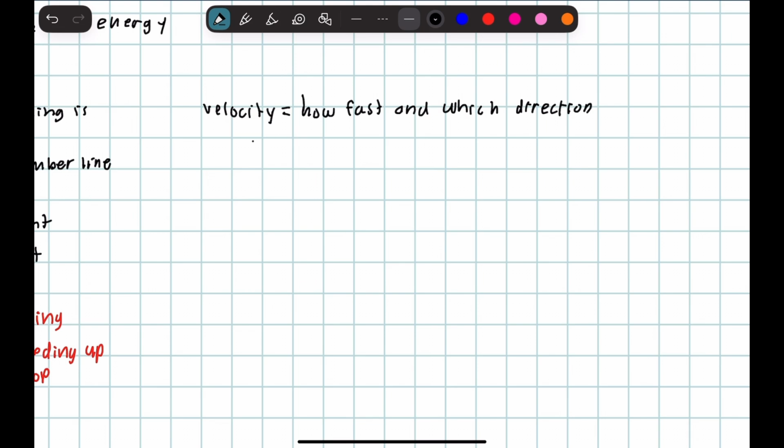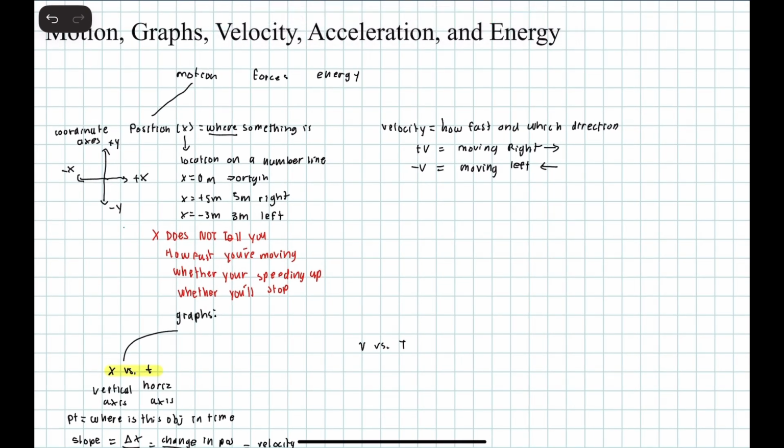If you have a positive velocity, that means you're moving right. Negative velocity means moving left.